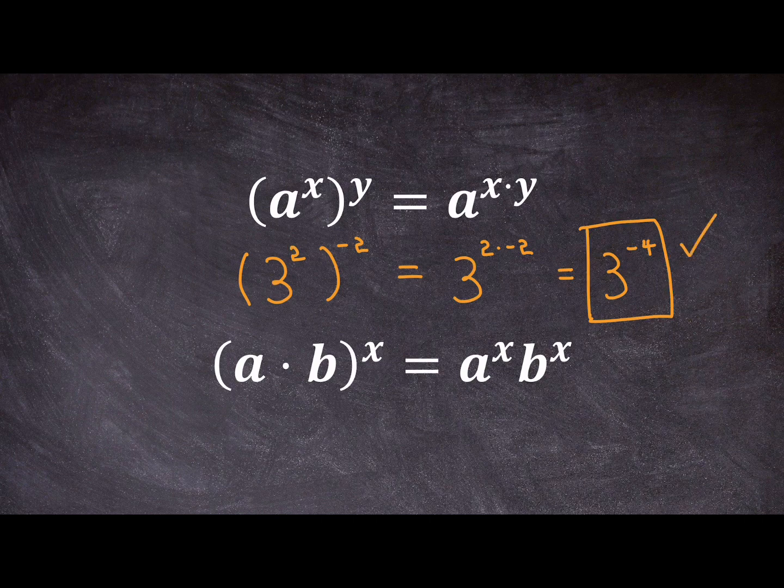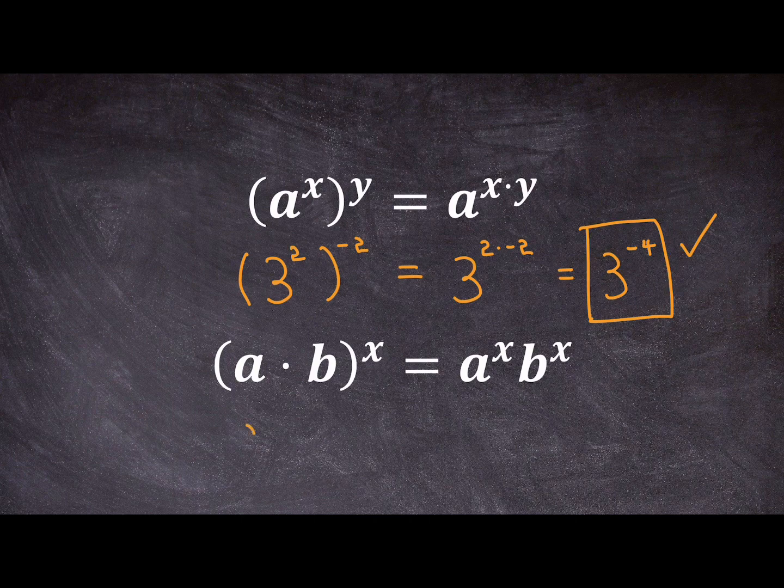And if you look at the rule below, we have a times b to the power of x is equal to a to the power of x times b to the power of x. So you're simply distributing the power of x to both terms within that parenthesis. Now, I just want to tell you one more thing.